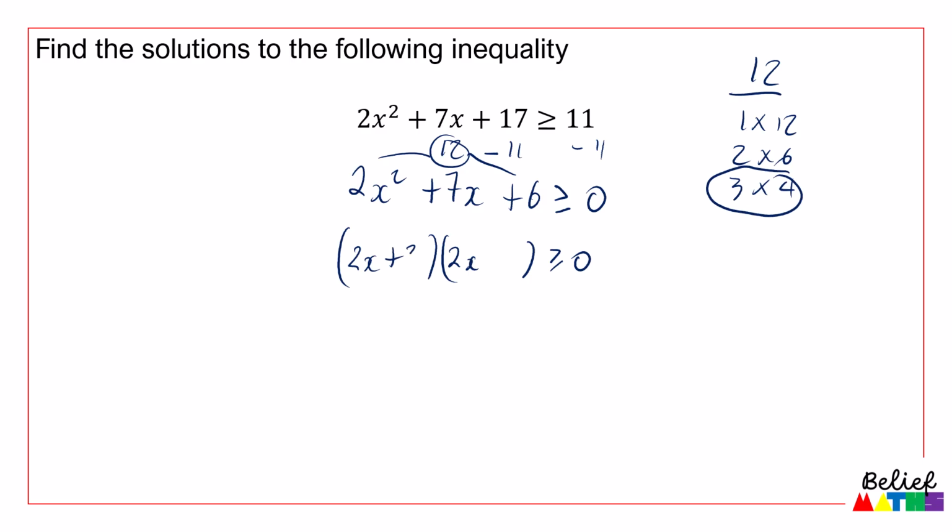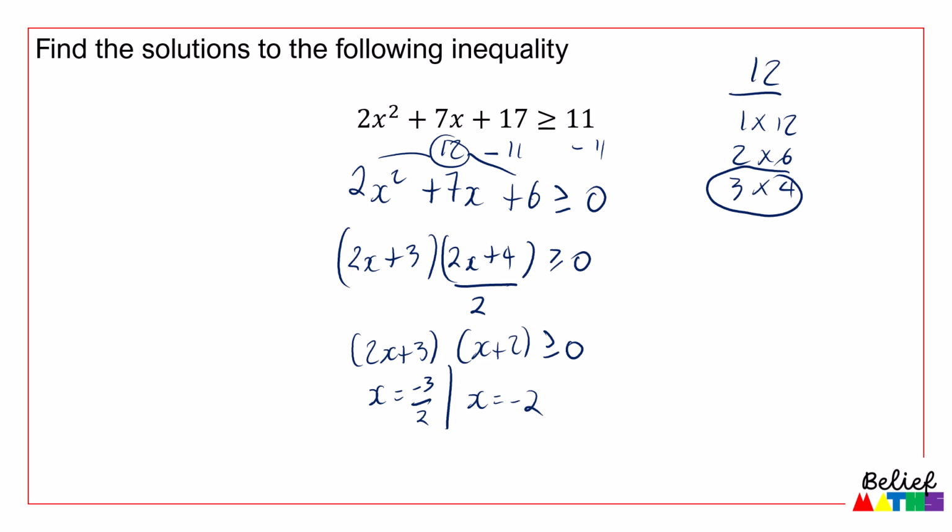So we've got plus 3 and plus 4. And remember from our earlier video, we have to divide this one by 2 to give us 2x plus 3 and x plus 2. Again, like we did before, we're going to solve both brackets. So just to quickly do that, x is equal to minus 3 over 2 and x equals negative 2.